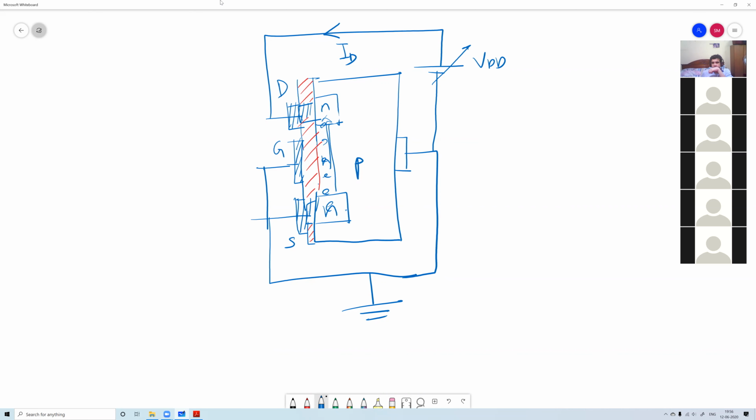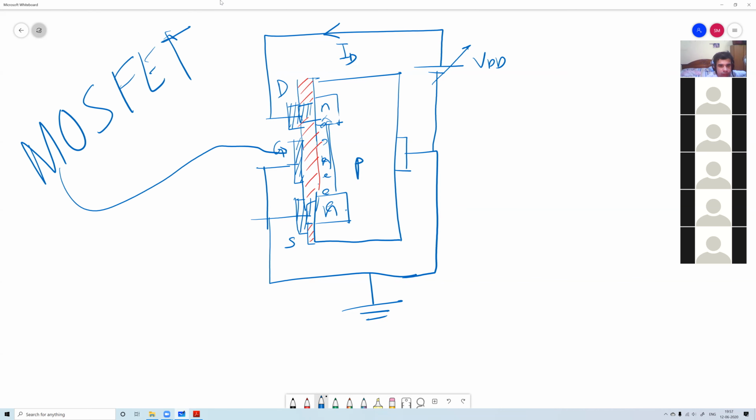Can we use any kind of metal oxide? Where do you want to use it? Here there is silicon dioxide. It is not metal oxide. The MOSFET is the metal oxide semiconductor field effect transistor. This is my metal. This is my oxide. This is my semiconductor.